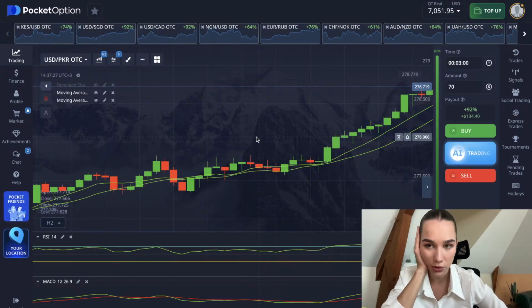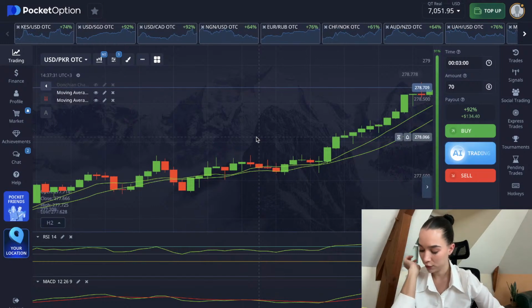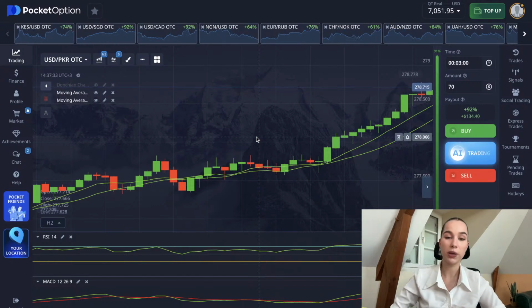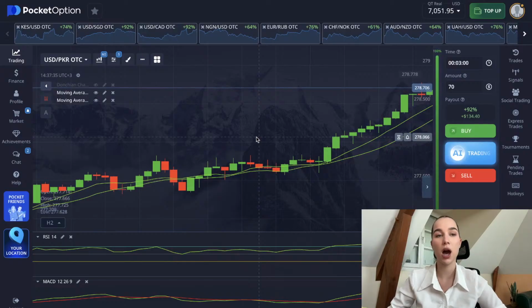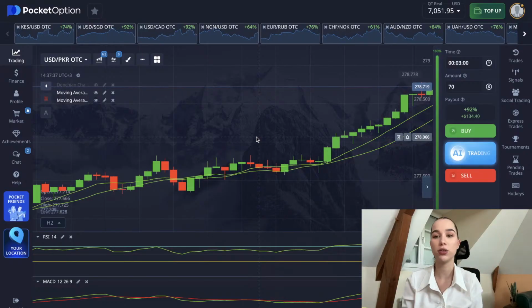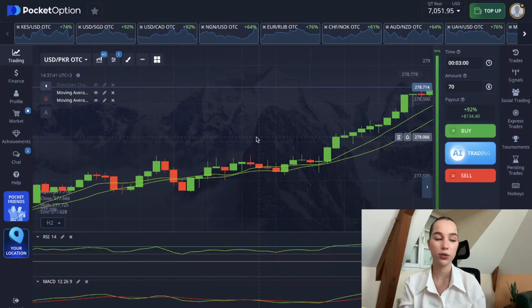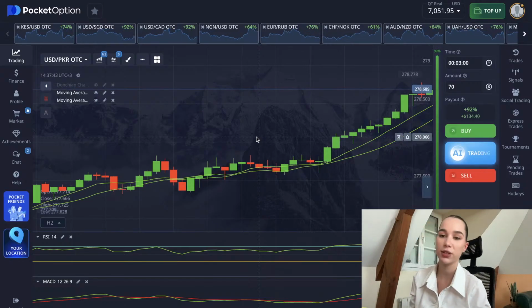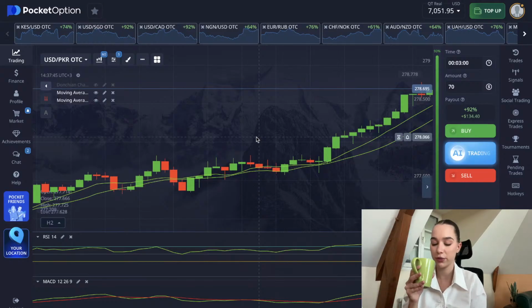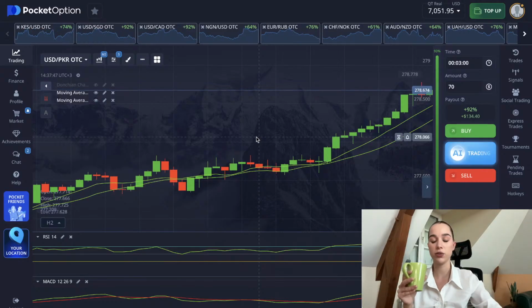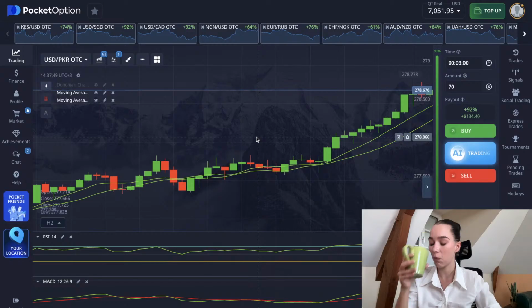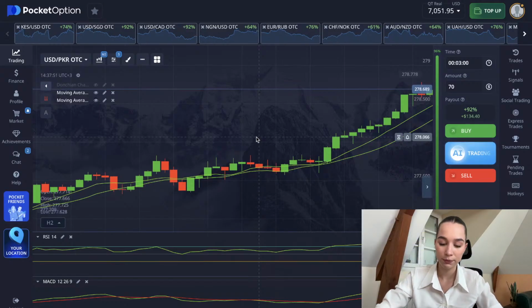This is what happens when you take a lot of risk. That's why you need to be really careful and use the catch-up system. Use 1 to 5% of your deposit. That's how you will grow your account step by step, and not like this. Of course, it could be good to have such big numbers, but at the same time it's really risky, and you can win everything and then lose everything as well.